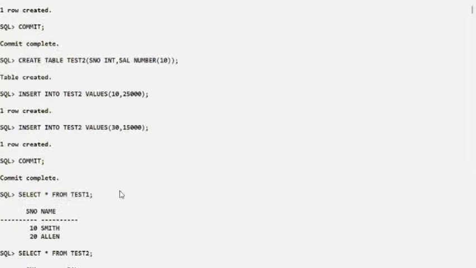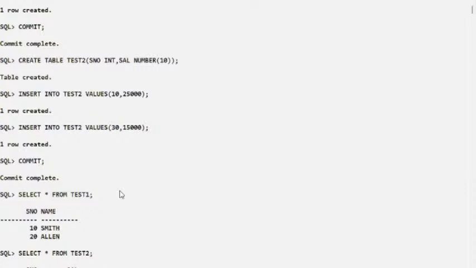Now, on these two tables, suppose you want to use a non-equi join. Carefully observe how I write my condition. Select star from test1 T1, test2 T2, where T1 and T2 are aliases.